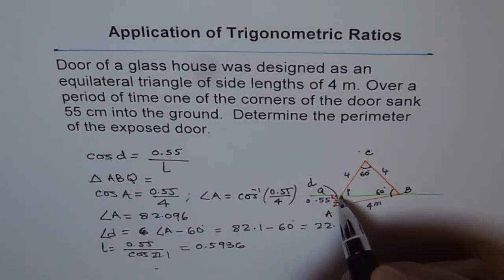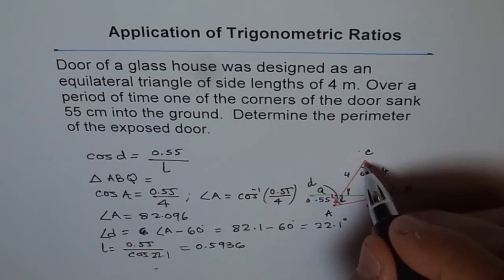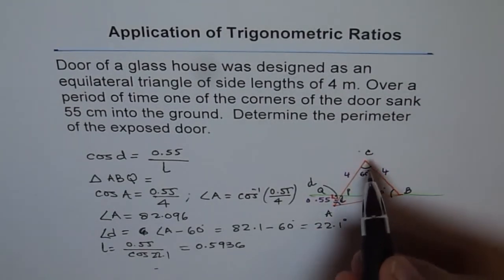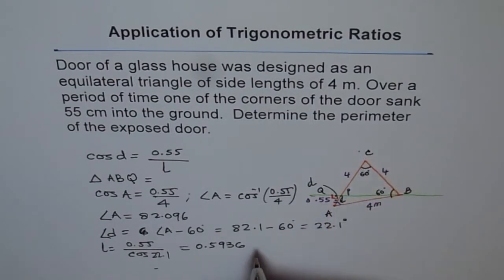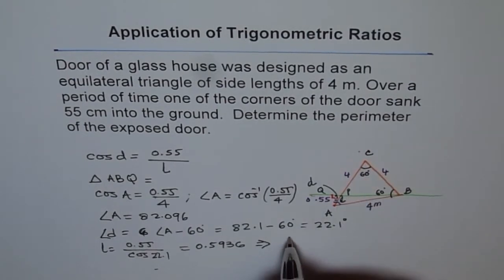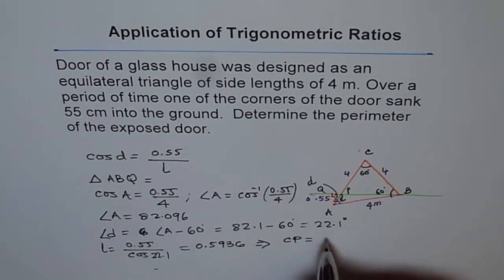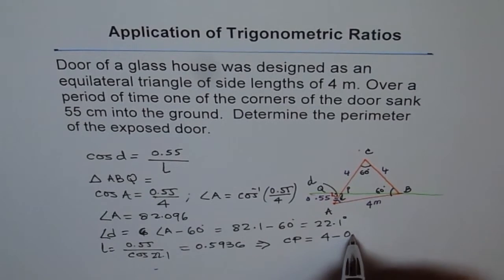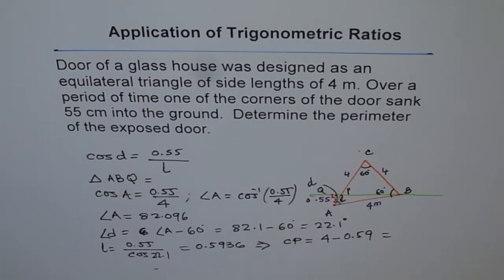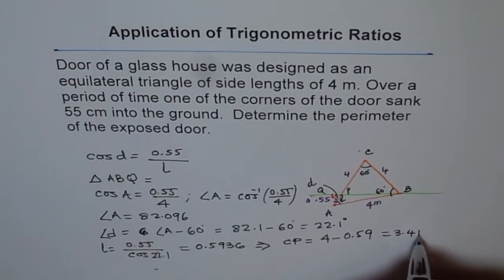Now if we know this length L, then we know the remaining length which is exposed. So the exposed length CP is equal to 4 minus 0.59, which is 3.41.